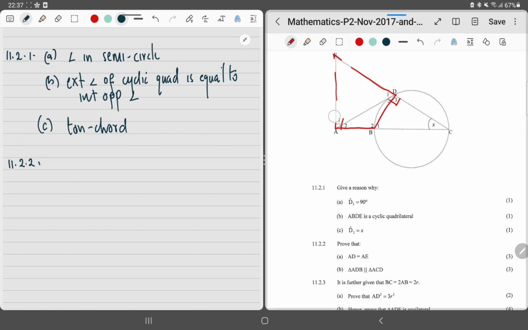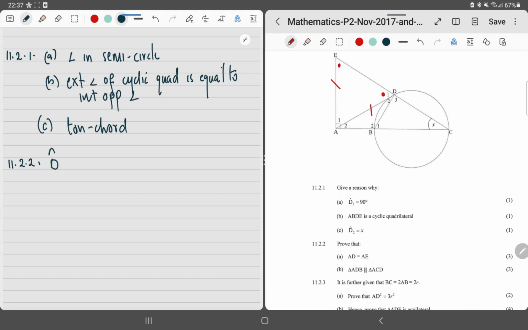And then 11.2.2. So I need to prove that AD is equal to AE. If I can prove that this angle is equal to that angle, then they'll both be equal.